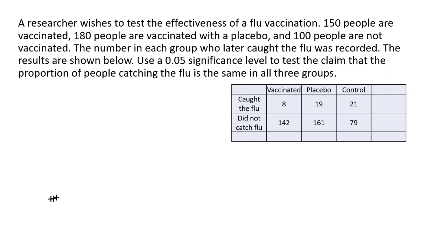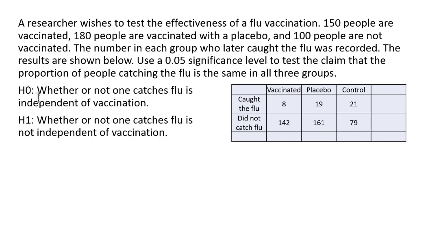So the way you phrase this in a contingency table with the chi-square test of independence is like this. You take the null hypothesis as whether or not one catches flu is independent of vaccination. Of course, if the vaccine is ineffective, then there would be no difference between the placebo or control or vaccinated.